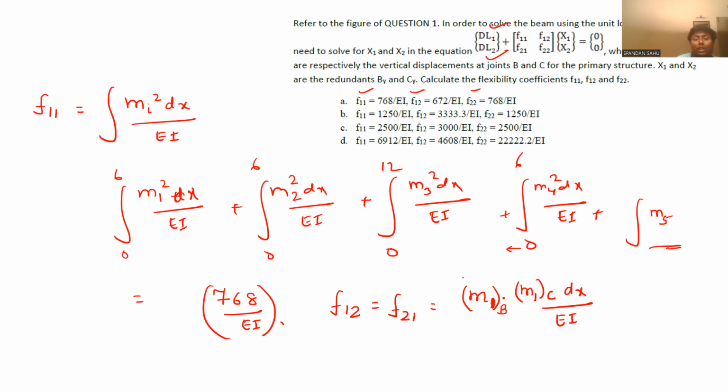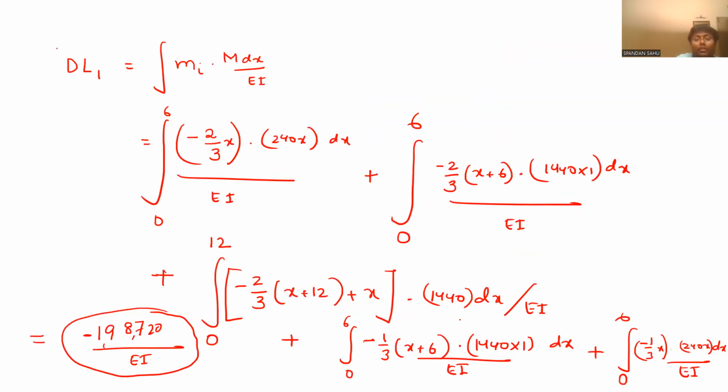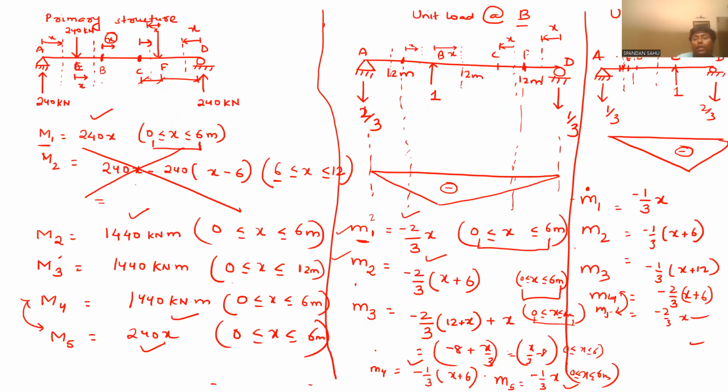B and C represent where the unit load is: B when unit load is at B, and C when unit load is at C. M1 at C represents this, M1 at B represents this. So these two you have to multiply, dx by EI, integration over the span length.